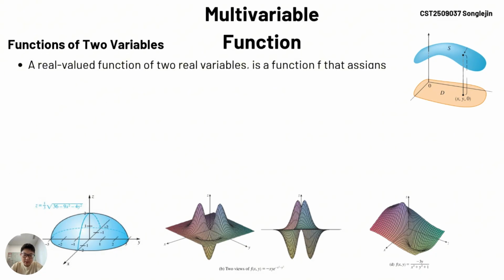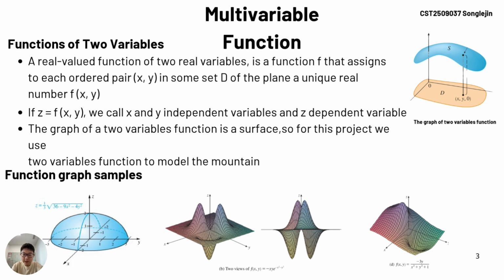Okay, let's start. As mentioned earlier, we will only discuss double variable functions here. On the slide, we can clearly see the definition of a double variable function. A double variable function is a real-valued function of two real variables that assigns to each ordered pair (x, y) in some set D of the plane a unique real number f(x, y).